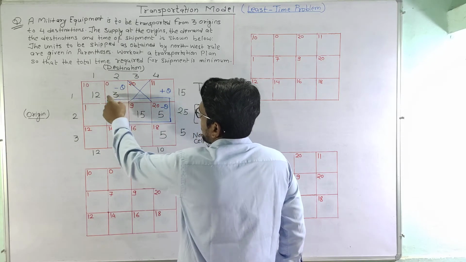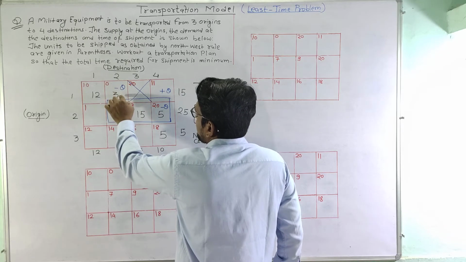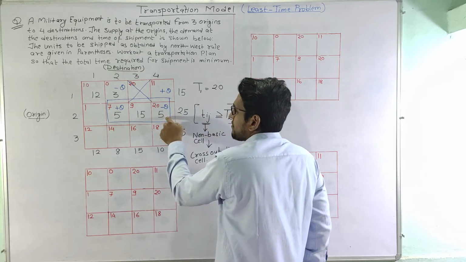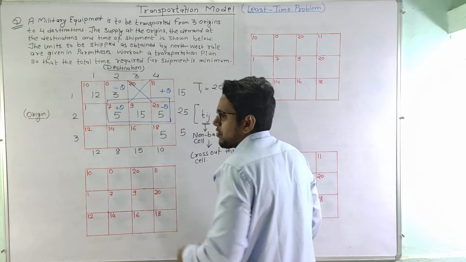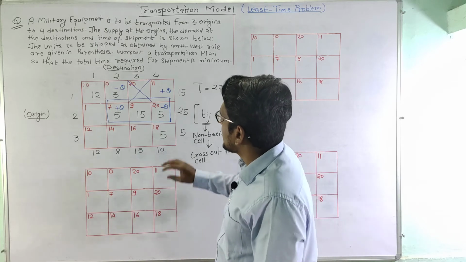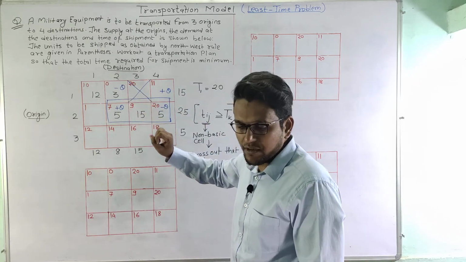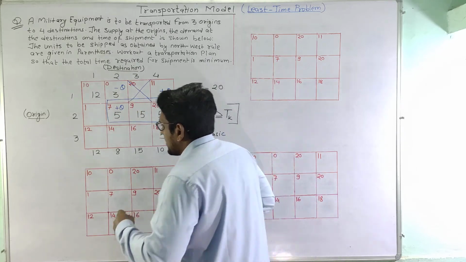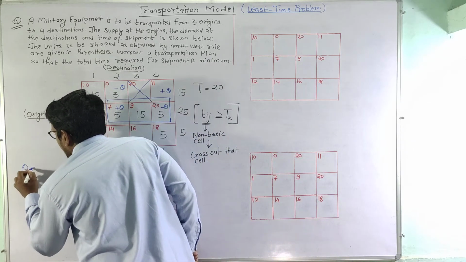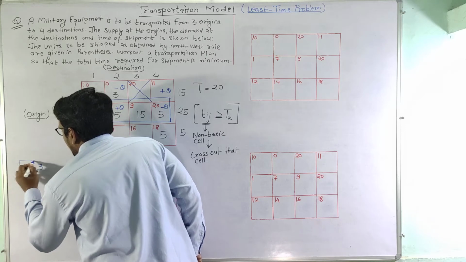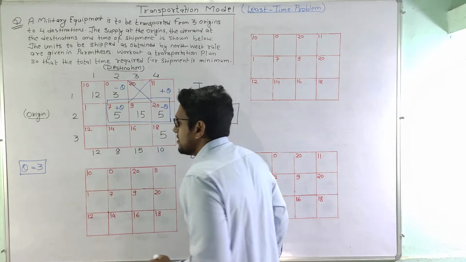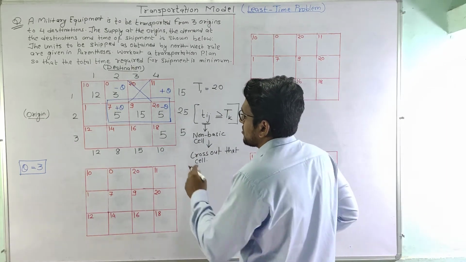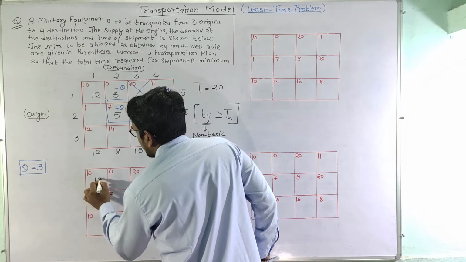That means for this particular cell the value of theta is maximum up to 3, and for this particular cell the value of theta is maximum up to 5, because if we increase beyond that our values will become negative. So among these two we will select the minimum value. So we will take that the value of theta is equal to 3, and now our solution changes here. So this will be 12.